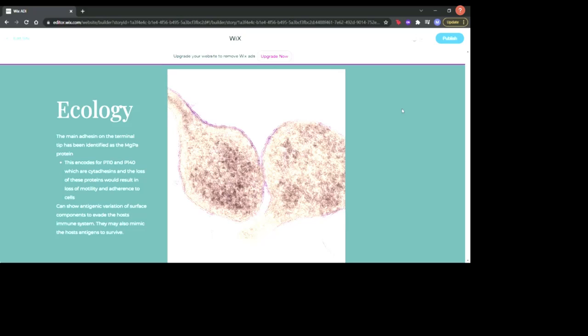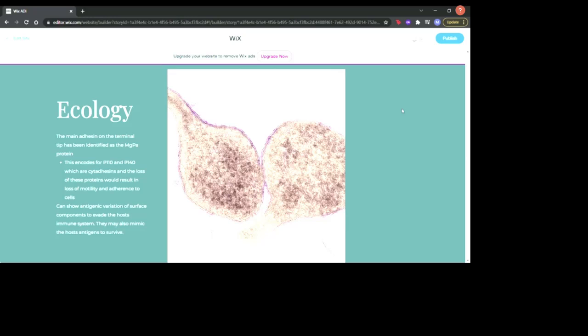So the main adhesin on the terminal tip has been identified as the MGPA protein. This encodes for P10 and P40, which are site adhesins. So the loss of these proteins would result in no motility and a lack of adherence to cells. It can show antigenic variation of surface components to evade the host immune system, and can also mimic hosts' antigens to survive.